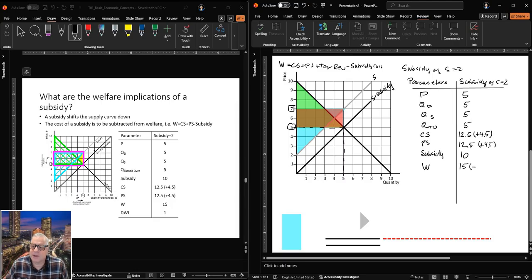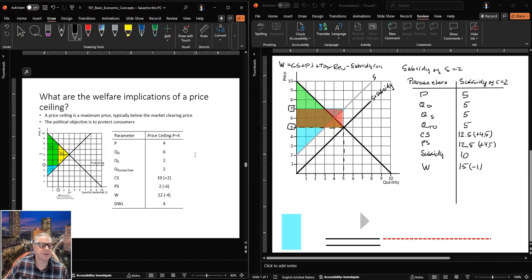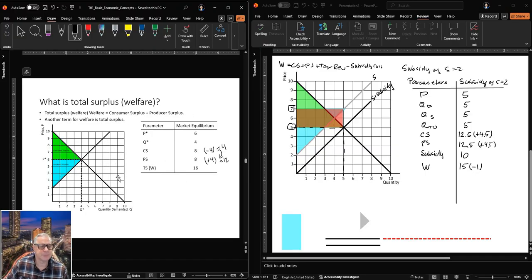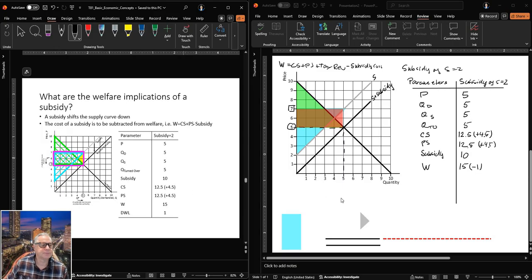So we have again a loss of -1 relative to the market equilibrium. So here in the market equilibrium, we had always 16. Okay, so we have a deadweight loss, and that deadweight loss, as you probably can already sense, is again this little triangle here. And let me see if I can put that.